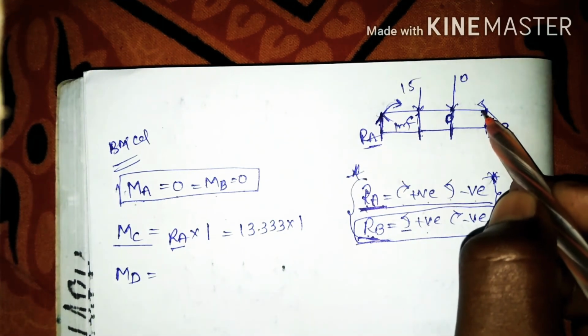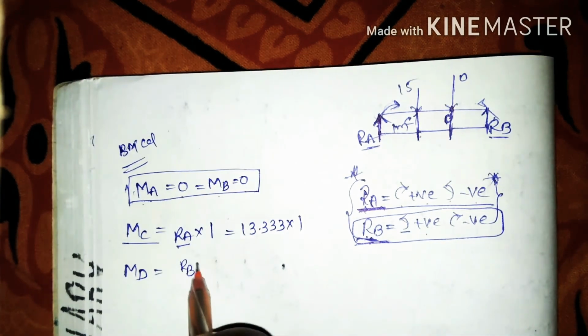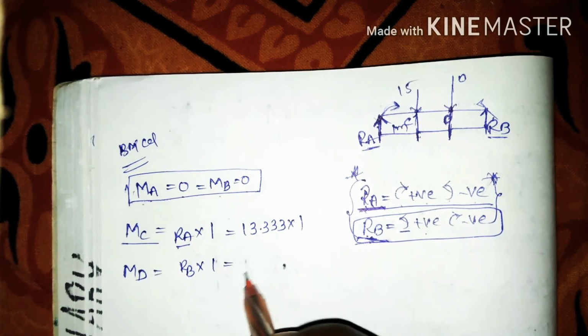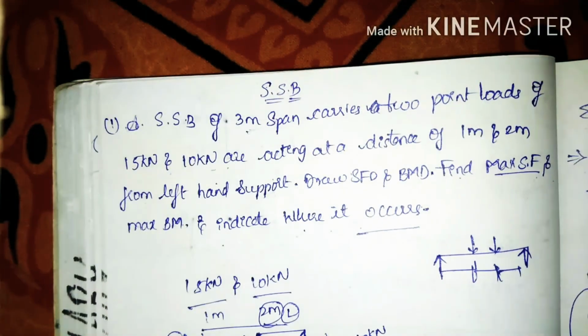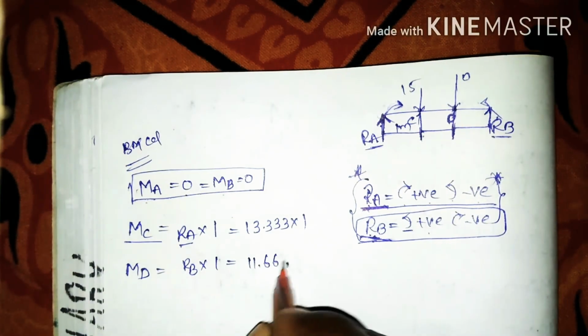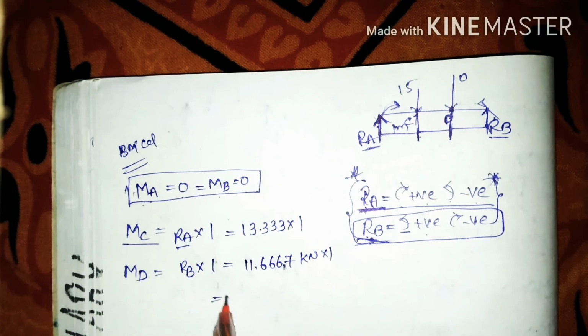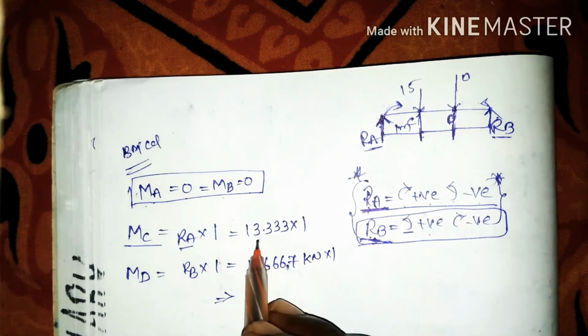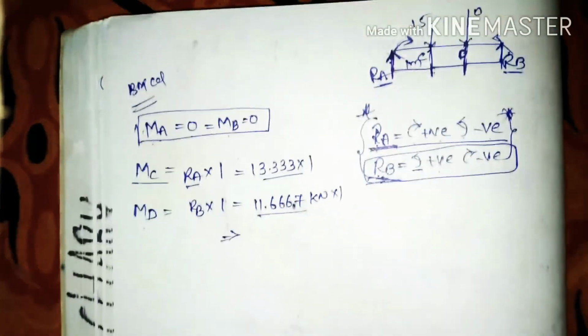This is taking the moment in the anti-clockwise direction, so positive RB into 1 meter, which is 11.6667 kilonewtons into 1.